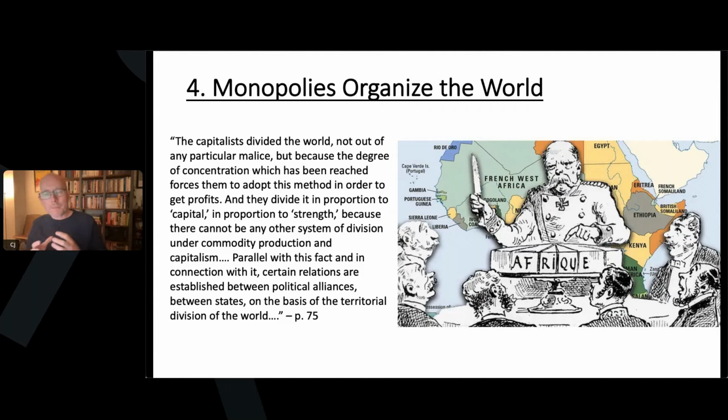And the level of competition or cooperation is determined by how powerful they are in relation to one another. Which one has greater wealth, greater resources behind it. It's basically a division of the colonial spoils, depending on who's got the biggest seat at the table.